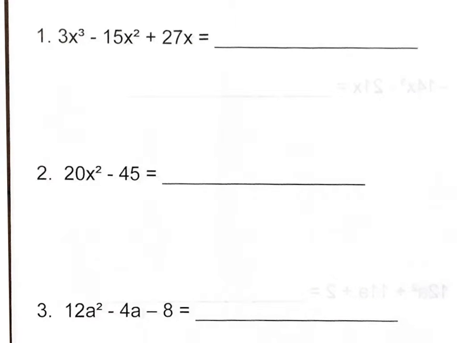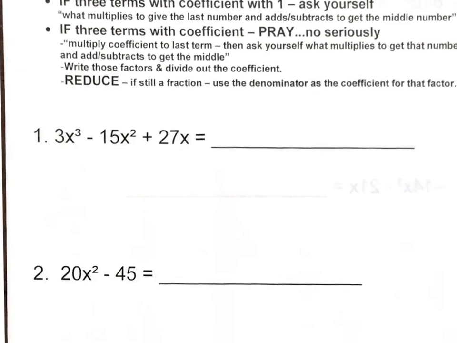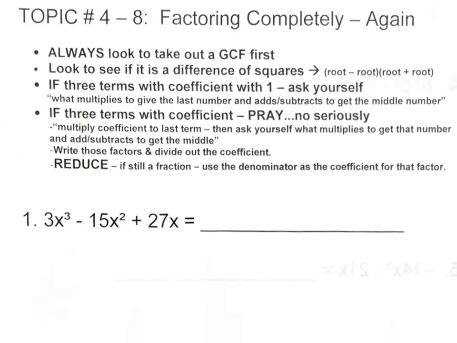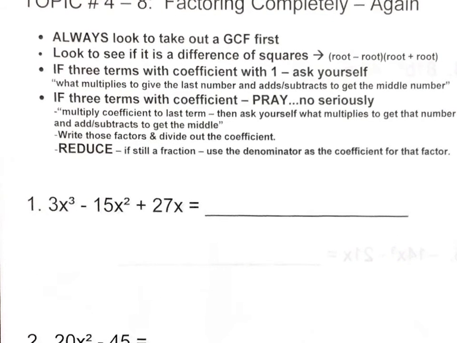Okay, guys, we're starting on 4-8 to finish up Unit 4 so y'all can be ready for the test next Monday. Remember, there's several steps that you have to do. You always look to see if there's a greatest common factor you can factor out.